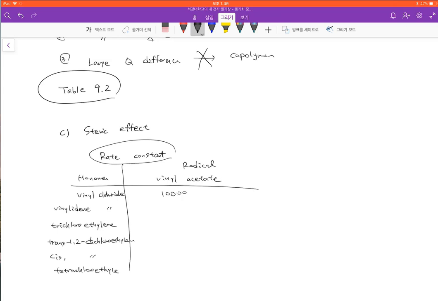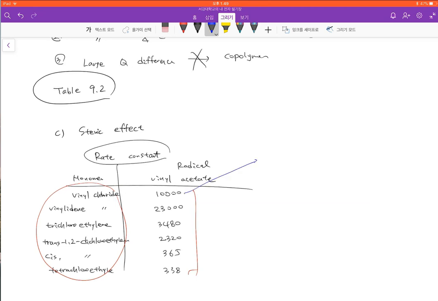And let's say the radical is vinyl acetate polymer radical. If you compare the rate constants, we have 10,000, 23,000, 3,480, trans is 220, 65, 338. All different monomers show different reactivity.